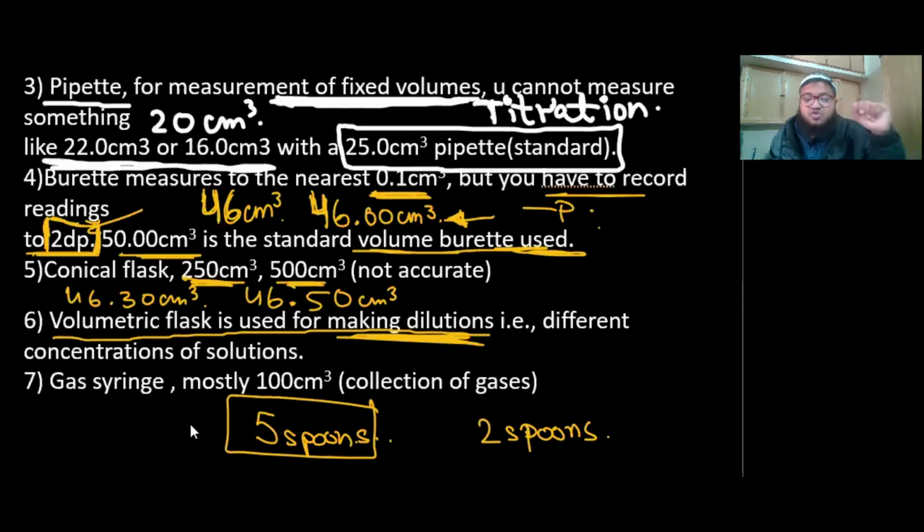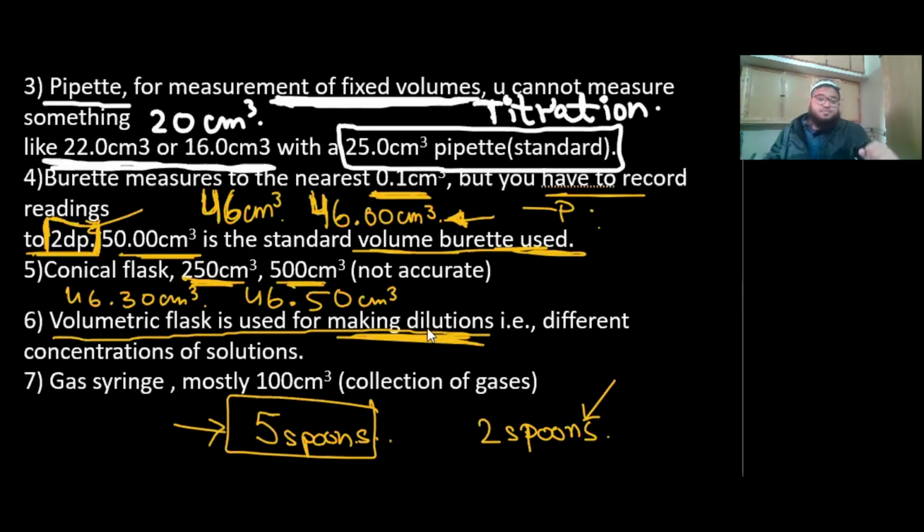Concentrated means how much solute is present per unit volume of the solvent. The amount of solute present in a particular solvent will give you the concentration of that solution. Since there is more solute in here and less solute in here, the concentration of the 5 spoon cup is going to be more as compared to the 2 spoon cup.